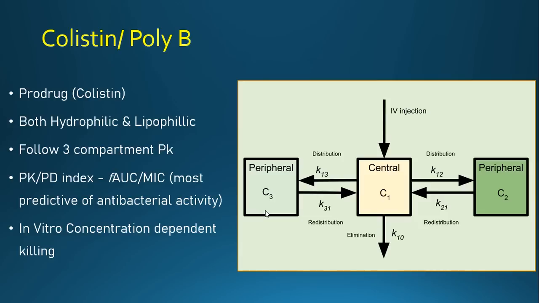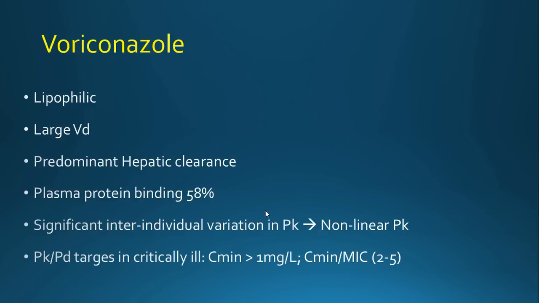So colistin is complex from the PK/PD point of view. Also the prodrug is there, then it converts into the drug, then the free drug, so much variability, then the 3 compartments. That's why there is a lot of complexity in colistin.